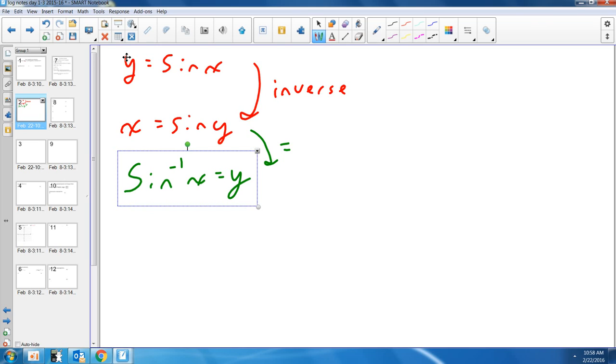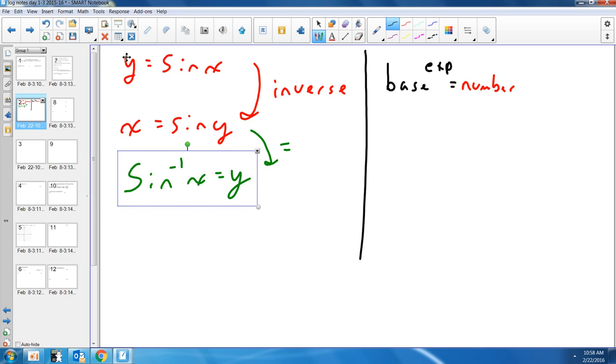The same exact thing is true for exponents and logs. So the common exponent is, for example, where you have a base of an exponent is equal to some number. And then what I want to do is just switch those around.